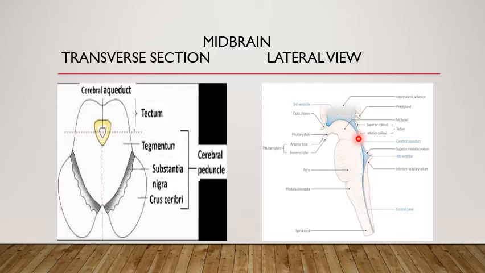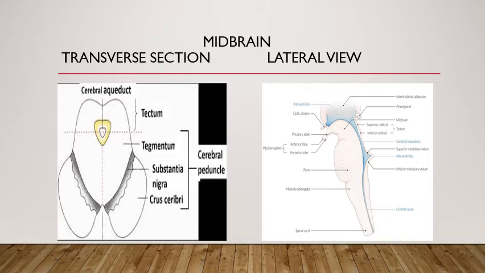So if there is a thrombosis or a hemorrhage in the vessels supplying the midbrain, it can lead to oculomotor paralysis on the same side, and hemiplegia can happen on the opposite side. So these are the major things we have understood about midbrain.